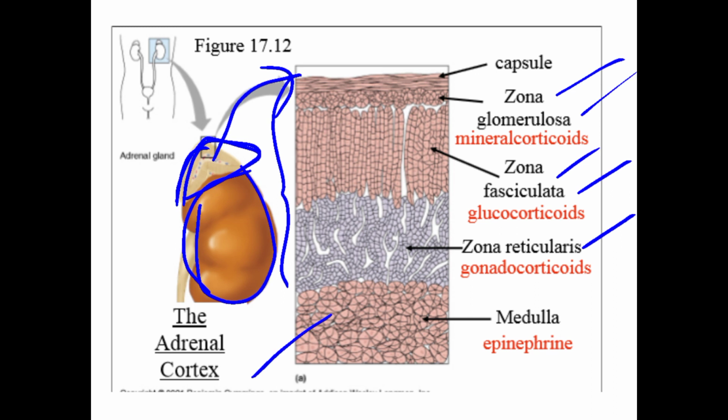In the cortex, the zona glomerulosa mainly secretes the mineralocorticoids. In that, the hormone aldosterone is important. Glucocorticoids mainly secrete cortisol, and gonadocorticoids mainly secrete the sex hormones.